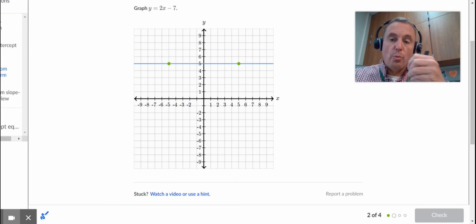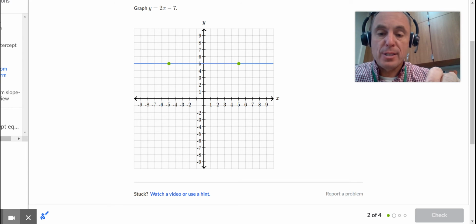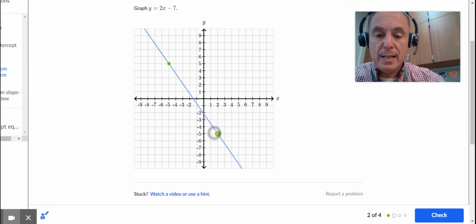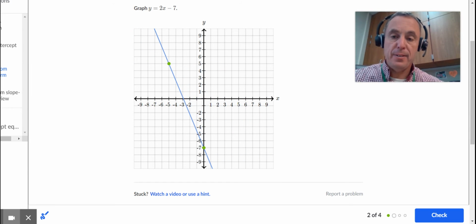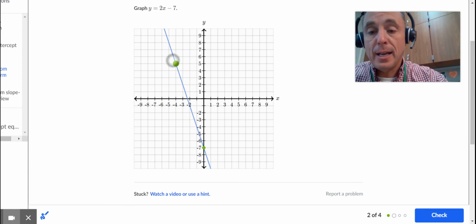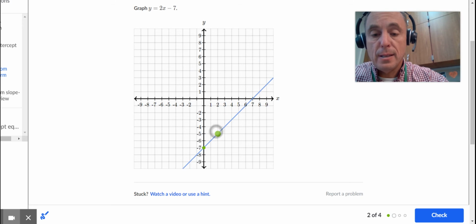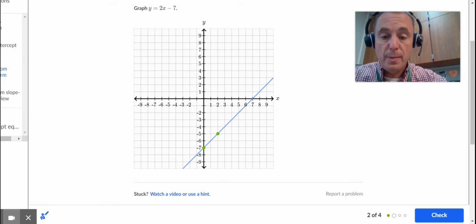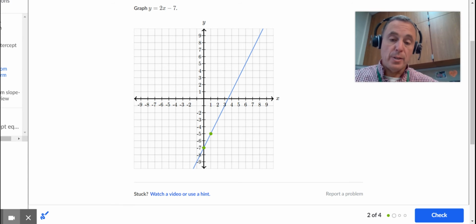So the y-intercept is negative 7, which means I move my first green dot down to negative 7. And the second number is 2, but that's not really just a 2. It's also 2 over 1. So from negative 7, what that means is I go up 2 spaces and I go over 1 space. So that's where the second green dot goes.